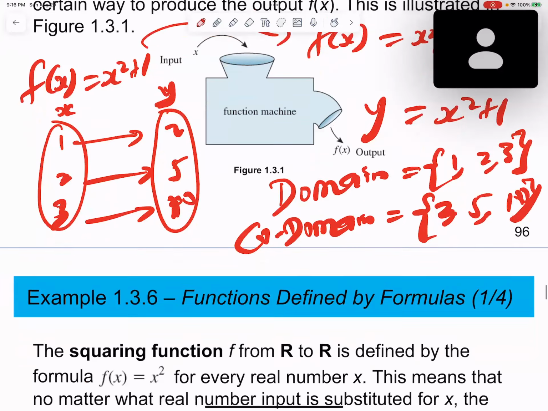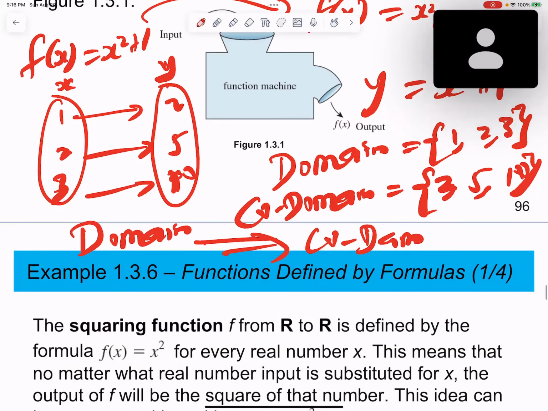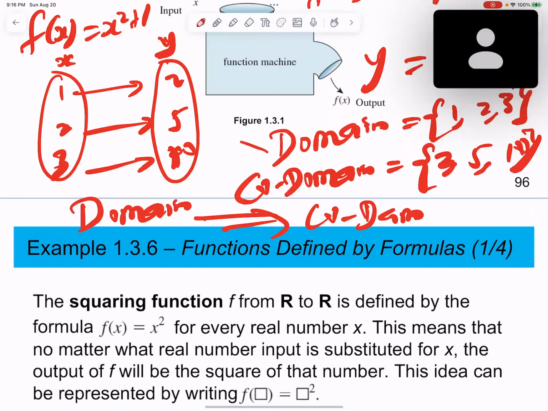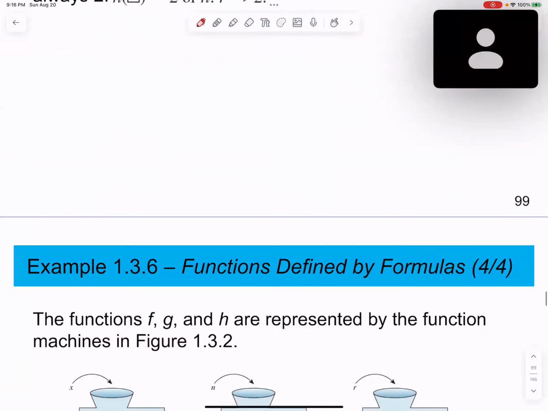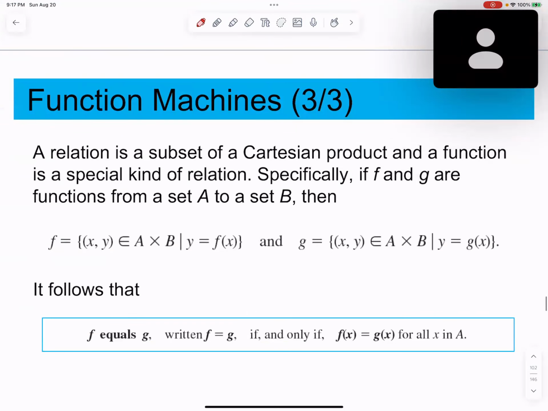Now, to jump from domain to codomain, you need a formula, a function to do that. That formula is a function, okay? Another name for domain is input. Another name for codomain is what? Output. All right. So you can read more about function.